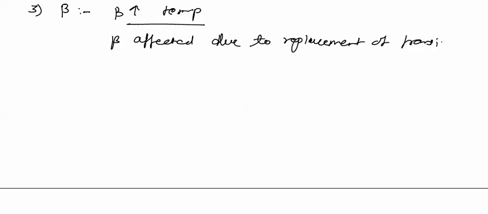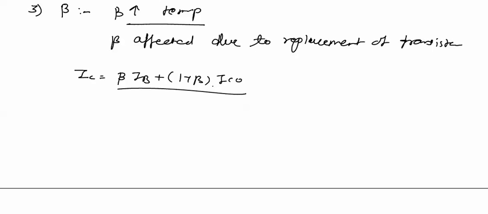If we replace a transistor, beta is affected. Now we have this equation IC is equal to beta into IB plus 1 plus beta into ICO. If beta changes, then IC obviously changes. If IC changes, the operating point is shifted on the load line.